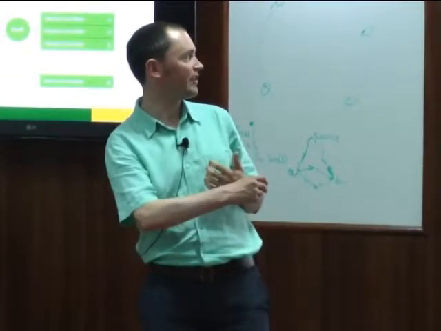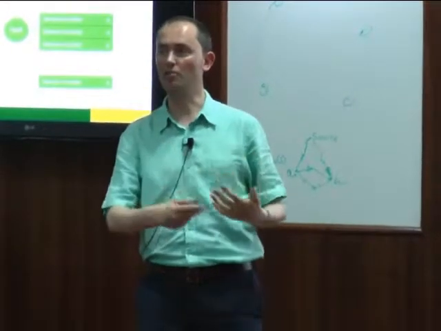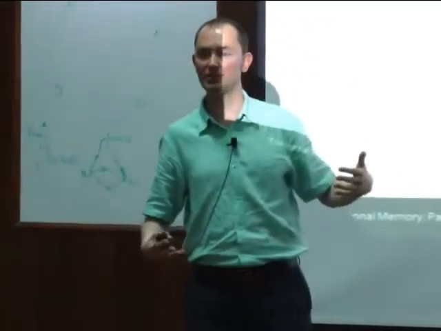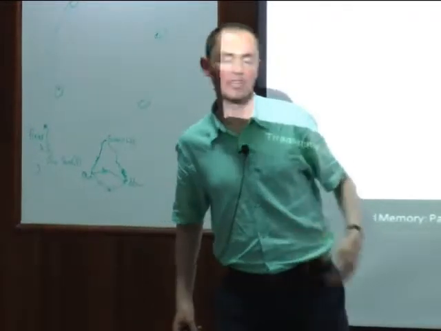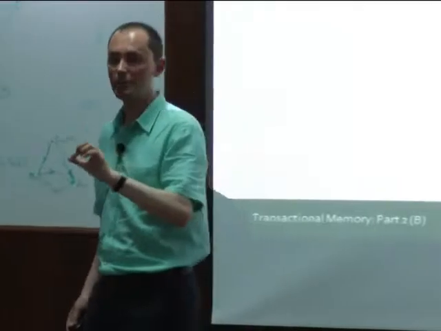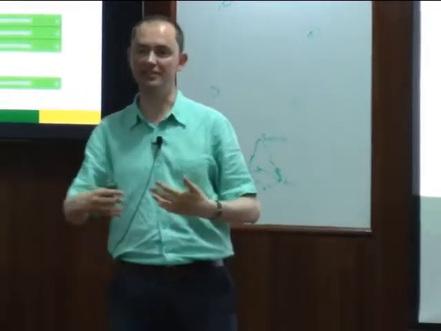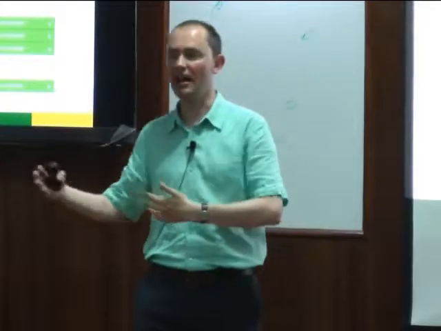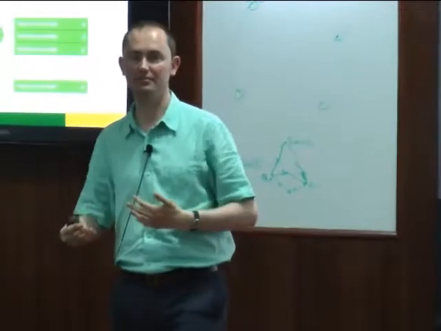So the address over here for the data is just a normal location in the program's heap. The hash function maps that onto a table of perhaps 1,000 or 2,000 ownership records. And each of these ownership records has the same format as that header word that we added in the Bartok STM system. So you could think of it as instead of having those header words on every single object, we keep a table of them in the heap in a dedicated region, and we use the hash function to link data to the STM metadata.